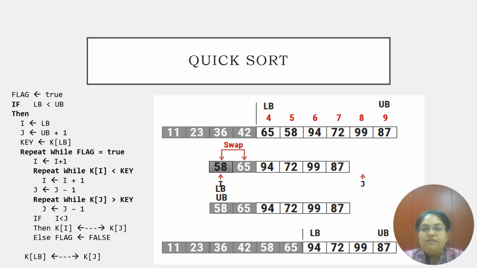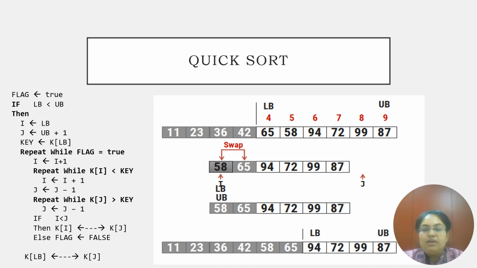So now we can check index number 4 and index 5. If we check these two values, we can find out that 65 is greater than 58. As 65 is greater than 58, we can swap these two values. So we are swapping 58 and 65.